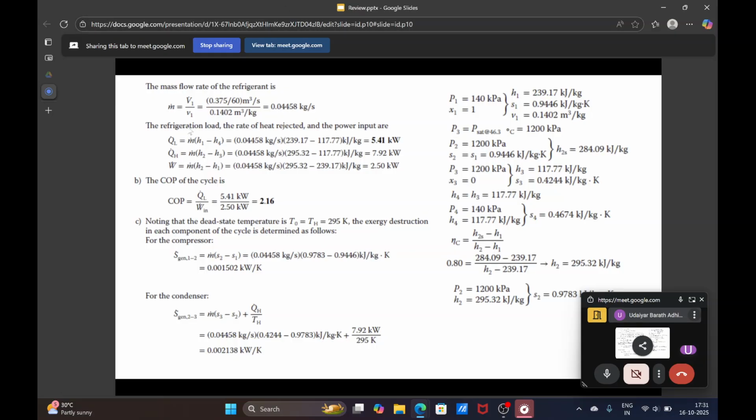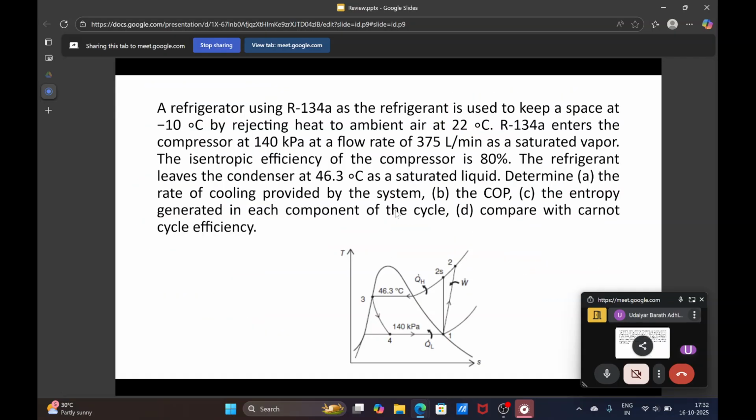At state point 1, the mass flow rate of the refrigerant is volume flow rate divided by the specific volume. The specific volume corresponds to the saturated vapor at 140 kilopascal. The pressure is 140 kilopascal, as given here, and minus 10 is the room temperature, but the evaporator will be at a much lower temperature than that, because if you want to cool the room, the medium providing cooling should be at a lower temperature, or there will be no heat transfer.